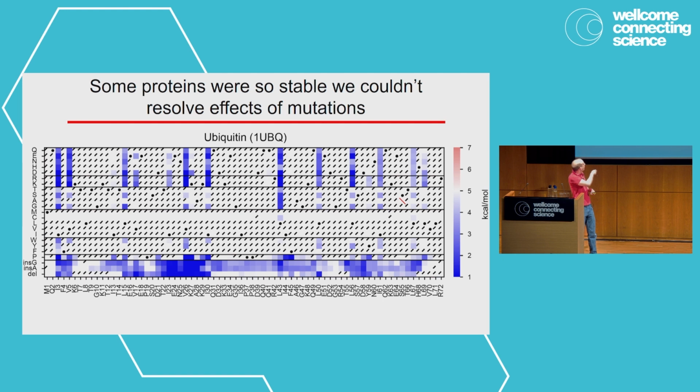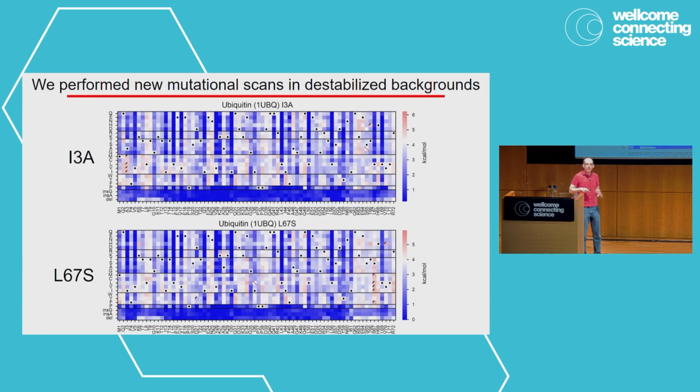So these are all the point mutants of ubiquitin. And pretty much everything is white with a slash through it, which means it was at the top of our dynamic range, and we couldn't resolve any of the stabilities of these mutants. But one of the cool things that we did in this paper was when we saw proteins like this, we made destabilizing mutations and then remeasured all the single mutants in that destabilized background.